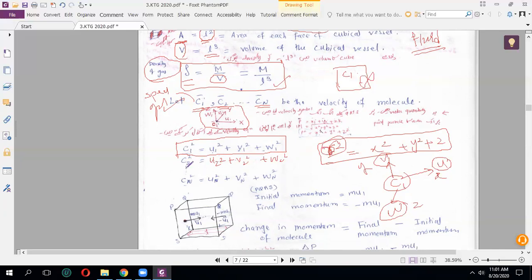I hope you understand. Now the enclosed cylinder contains an infinite number of gas particles, so we can't give each one a number like C3, C4. So we directly write Cn square is equal to un square plus vn square plus wn square. So these are the values of C1, C2, and Cn. Clear this part? Anyone having any doubt here?